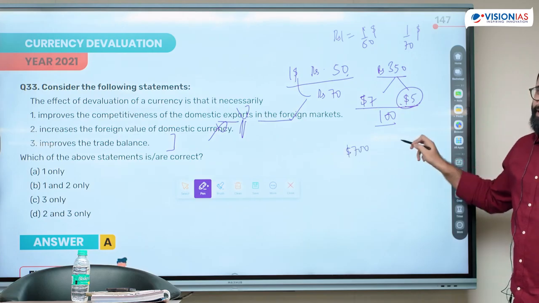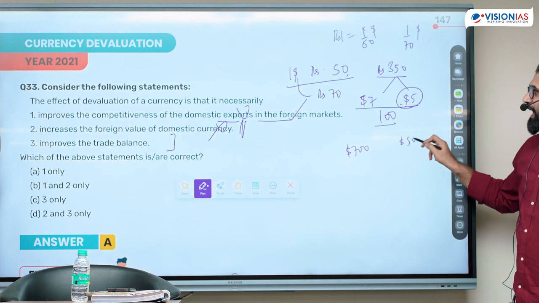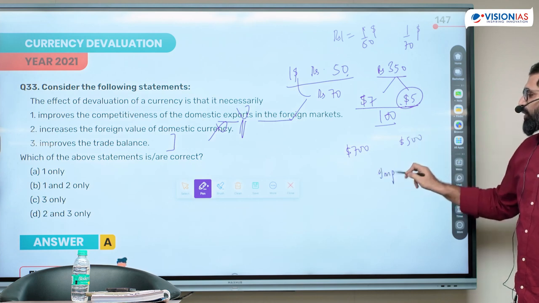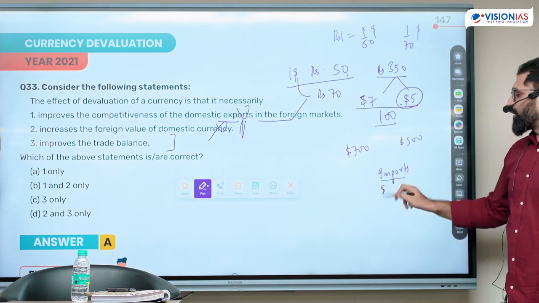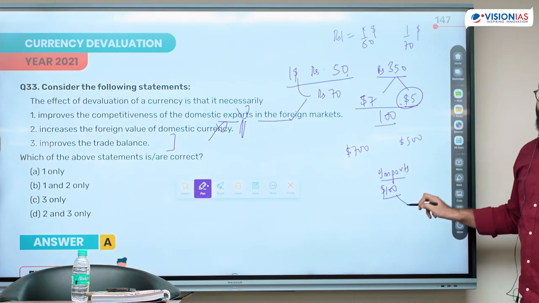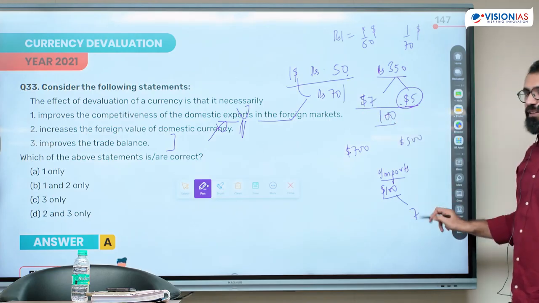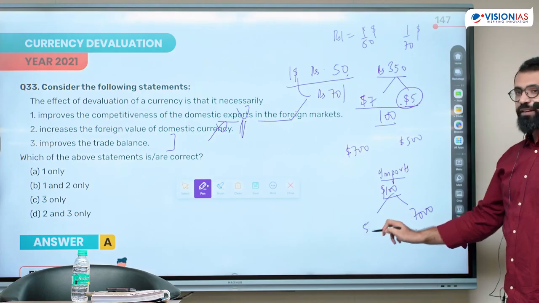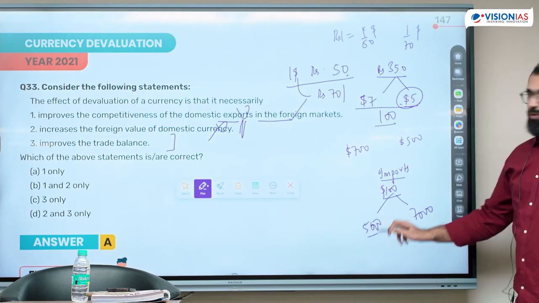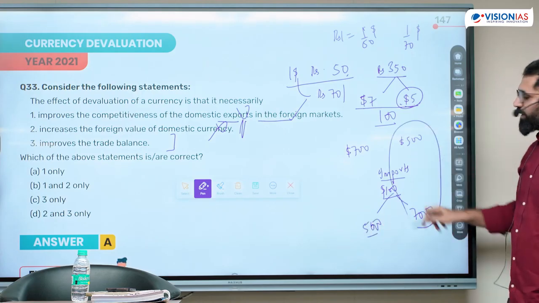And what I'm earning in the second case? $500. And if I'm importing something of $100, how much do I have to pay in the second case? In this case, I will have to pay 7,000. Previously, I was paying. तो ये तो devaluation से trade balance खराब हो गया.